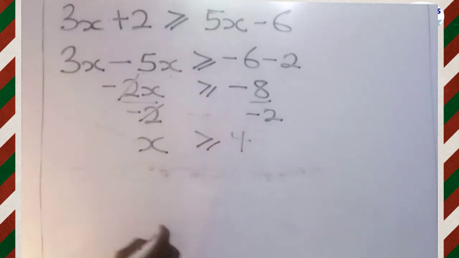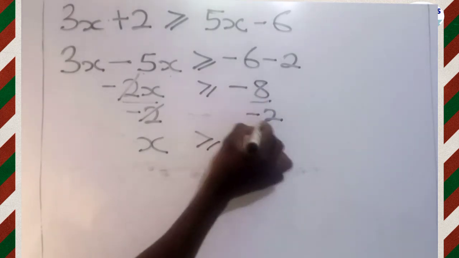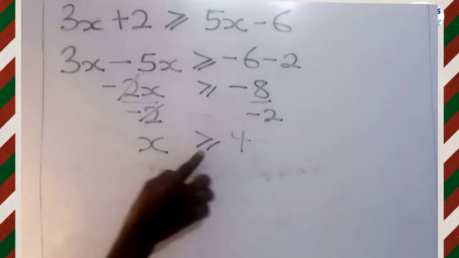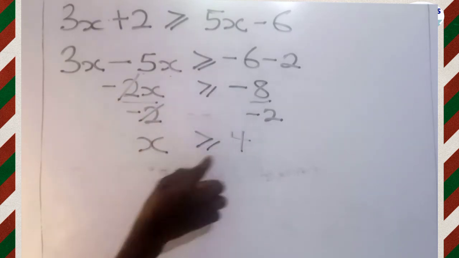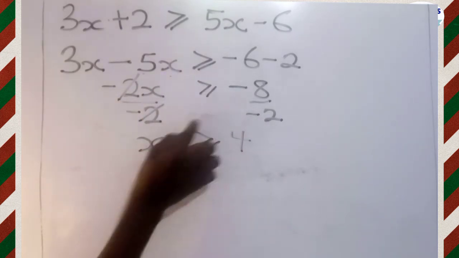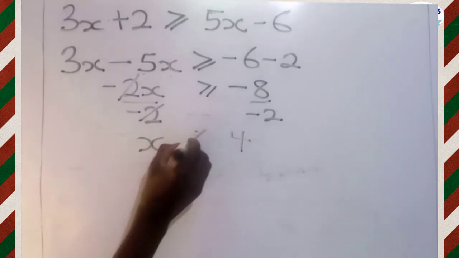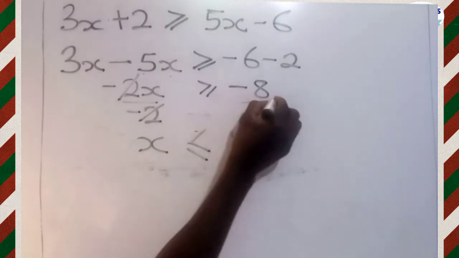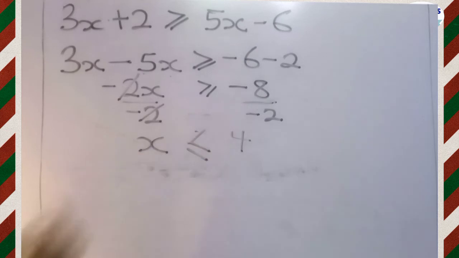positive 4. But if you look at something here, the negative 8 was being divided by a negative number. In that case, instead of writing the greater than or equal to sign, which is here already, it should change. The greater than sign should rather change to a less than sign. So you write it less than or equal to, because it was being divided by a negative number, so the sign has to change.